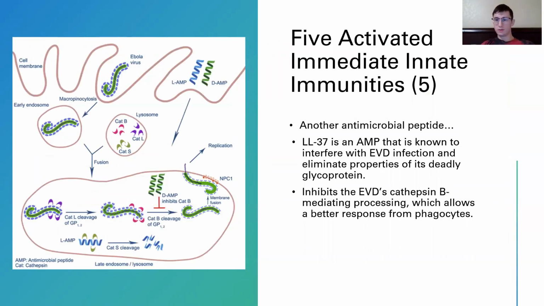Okay, so the fifth immediate innate immunity I'm going to talk about here is one more antimicrobial peptide. It's called LL37.